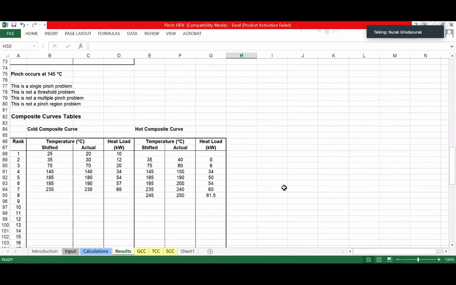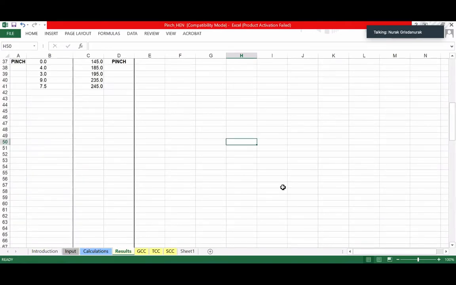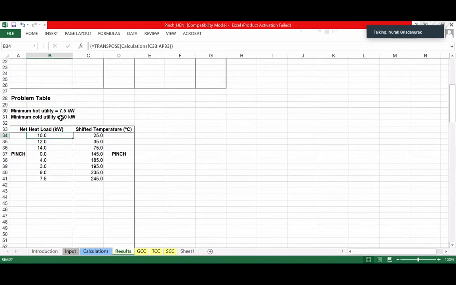Below is the hot utility and cold utility, the answer is ready: hot utility is 7.5 and cold utility is 10.